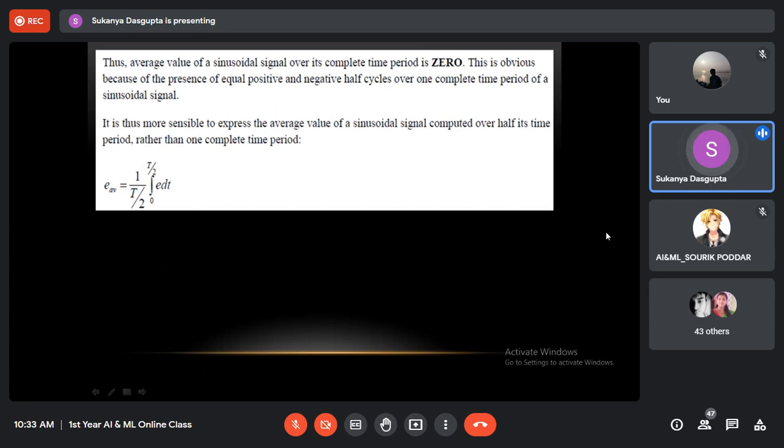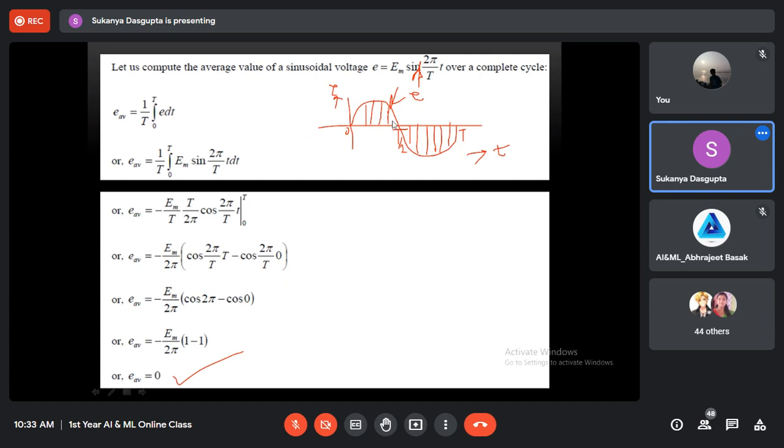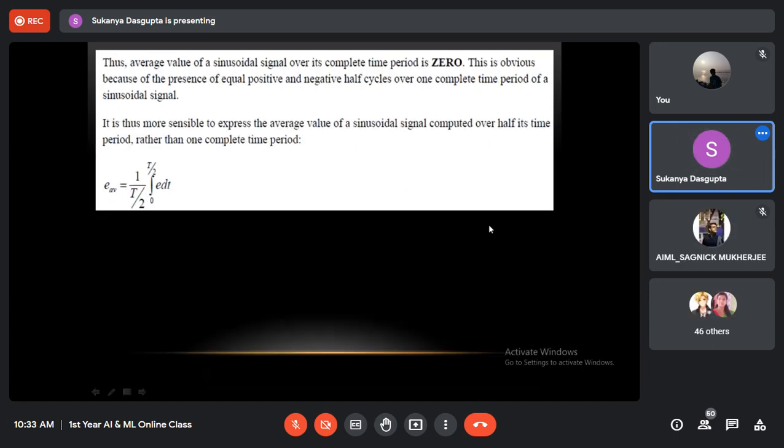Because of the even symmetry of both the halves, the positive half will be exactly cancelled out by the negative half. So the average value will come as 0.